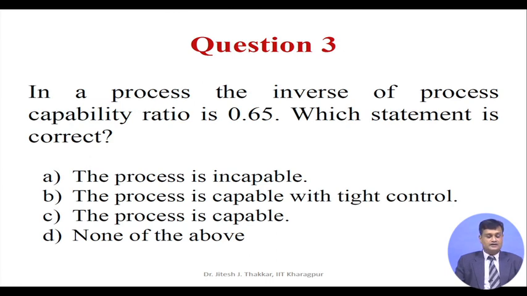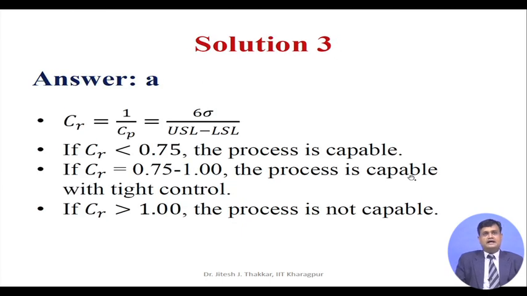Question 3, in a process the inverse of process capability ratio is 0.65, which statement is correct? A, the process is incapable. B, the process is capable with tight control. C, the process is capable, and D, none of the above. So, the correct answer is A, CR you can find as inverse of Cp, which is 6 sigma divided by USL minus LSL.